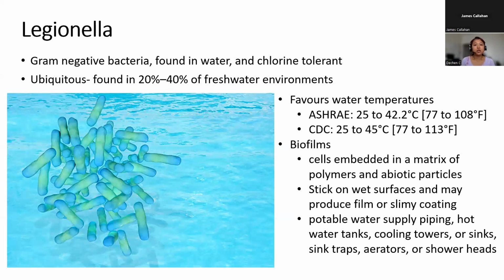It's really important you know the American temperature reading as well, which is the Fahrenheit. So please note the degrees Celsius as well as the Fahrenheit. Wherever Legionella is present, they can also be protected within biofilms. And biofilms comprise cells embedded in a matrix of polymers and abiotic particles.